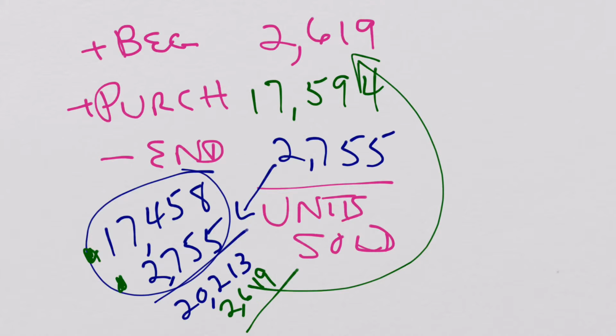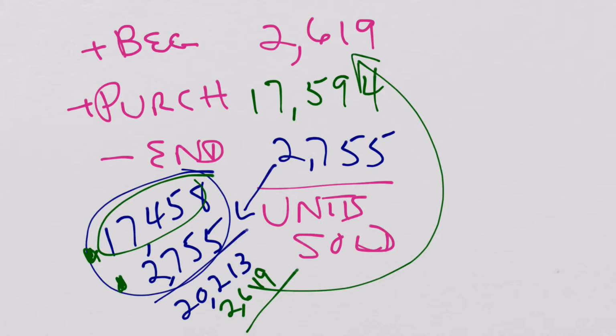So let's do the math. Let's see if it works out. Take 2,619 plus 17,594 minus 2,755, and we get 17,458, which is the amount that's going to be produced.